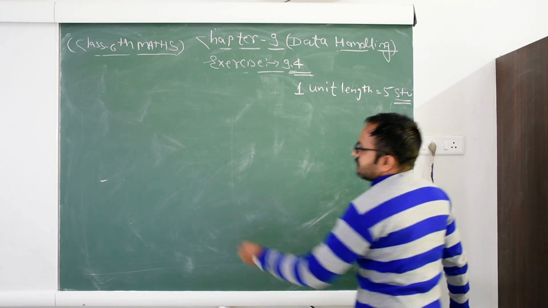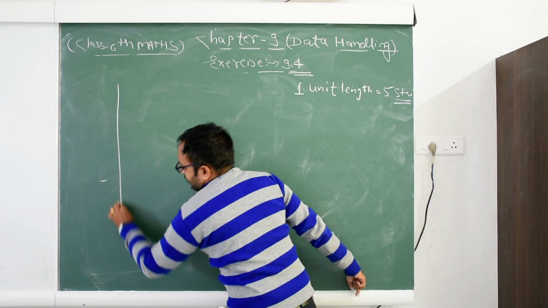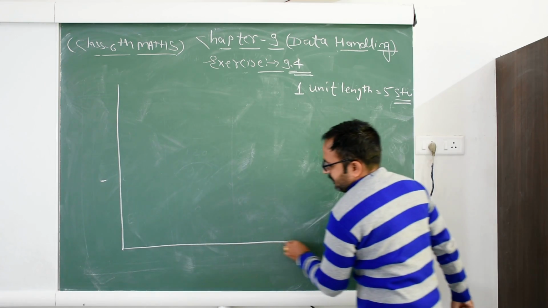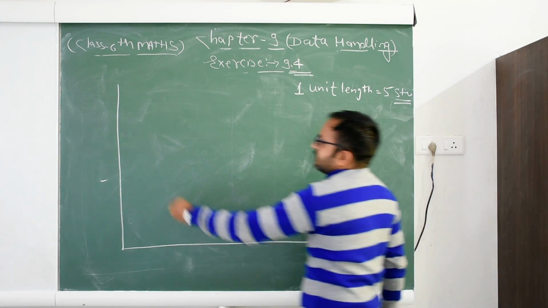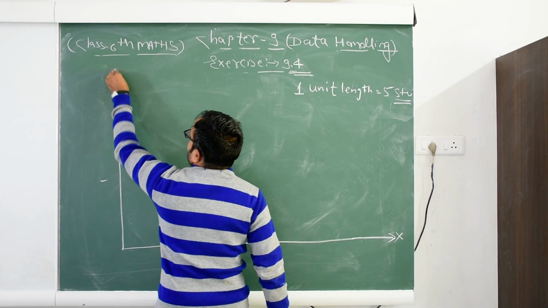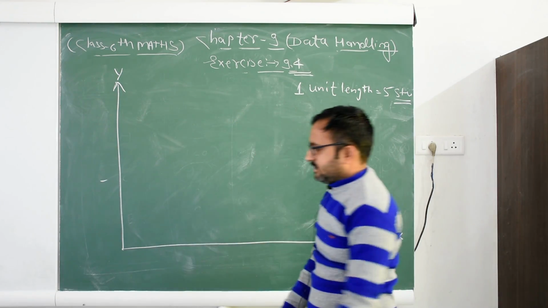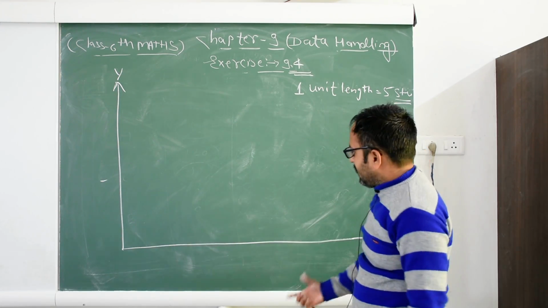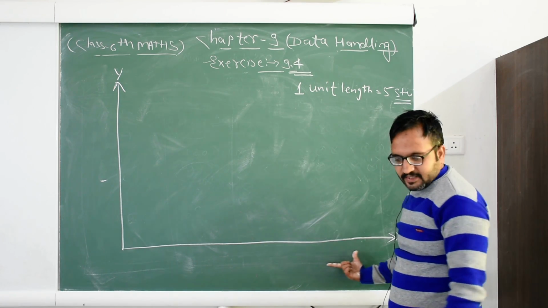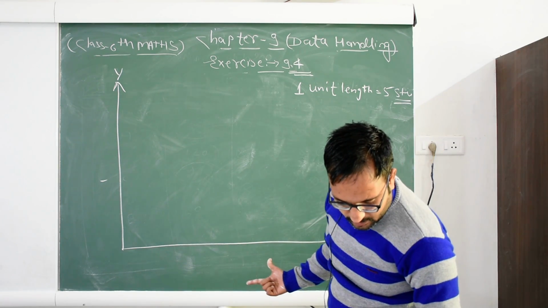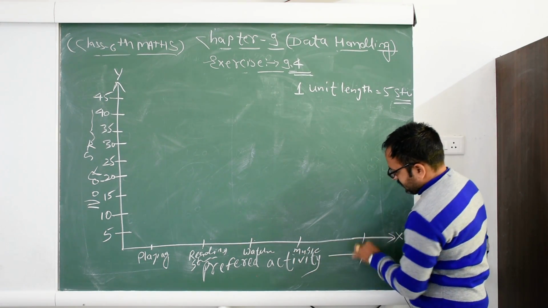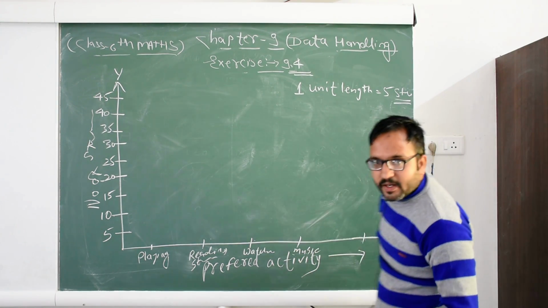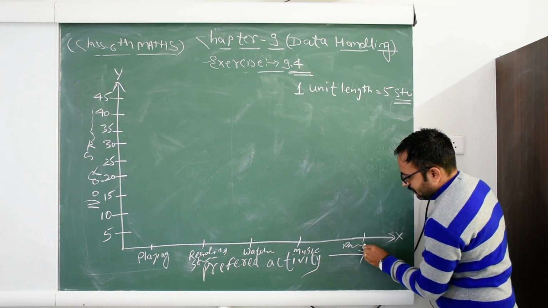First we draw the x-axis and y-axis. This is your x-axis and this is your y-axis. Now on the x-axis we write playing, storybook, TV, music, and here painting.